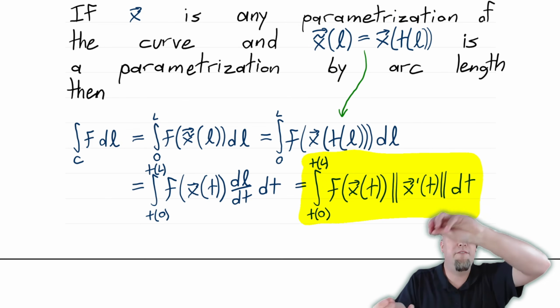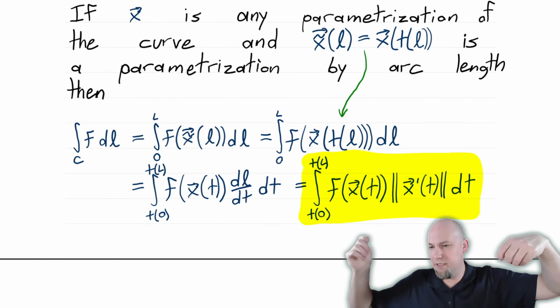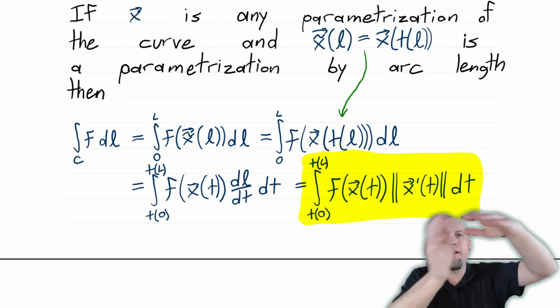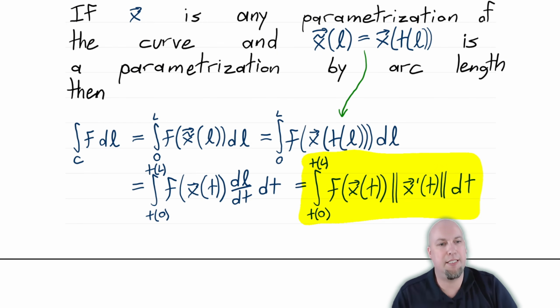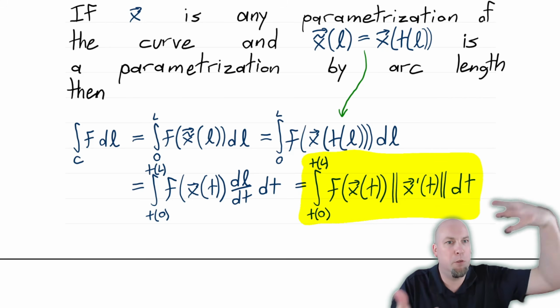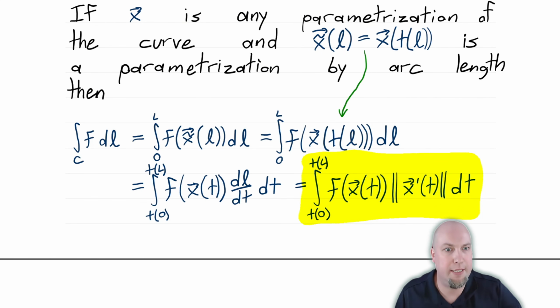Imagine the particle is going very fast. Then you're taking fewer temperature measurements per unit of distance, so they affect things less. This correction factor brings things back up proportionally to where they should be, so that it's per unit of arc length instead.